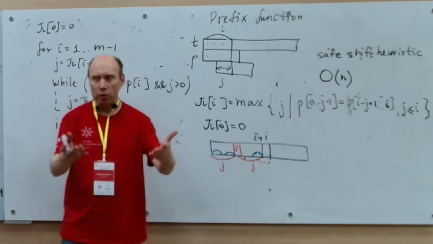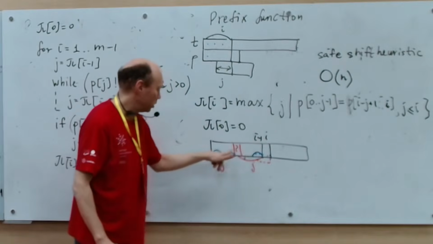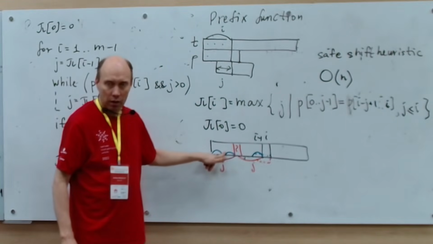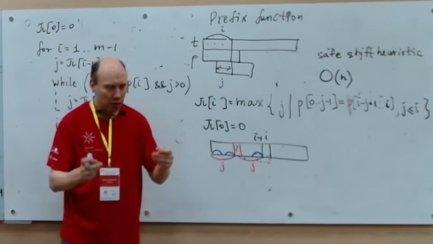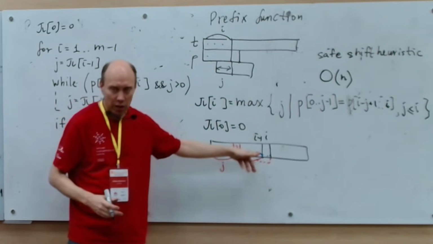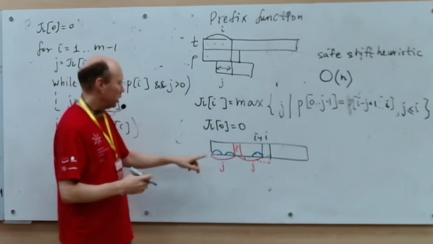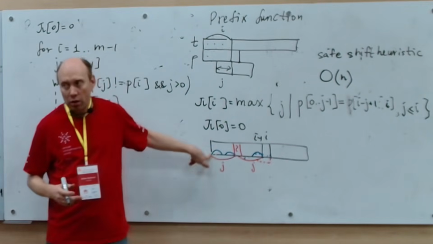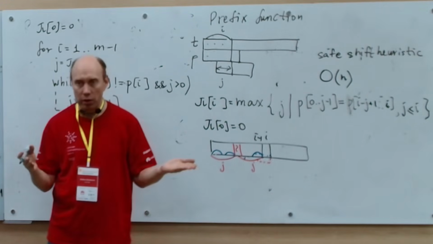If the match wasn't found on the first step, we go to the blue ones, and if the match is found, this one now with this one, then we go with the blue one plus 1. If the match is not found, replace in your head blue with red, and again go to the next blue, and so on, until the match is found, or until we collapse to the prefix of length 0, and still the match is not found, then we keep 0.